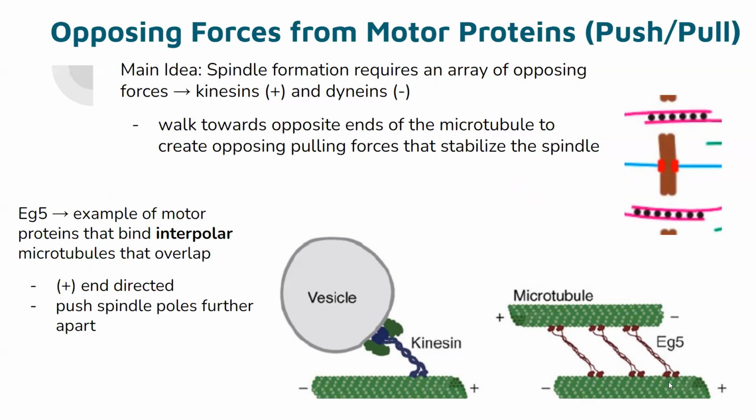And so because EG5 is kinesin 5 and it has tetramer shape, it is able to move 2 microtubules along with respect to each other. So if you think about it from a technical standpoint, the two minus ends are being pulled together because the two plus ends are being pushed apart.